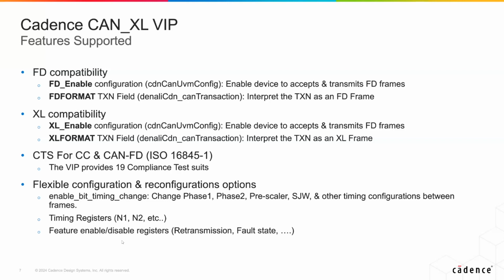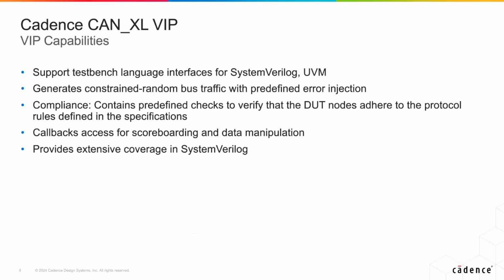Our VIP provides many flexible configurations and reconfigurations on the fly while doing any tests. For example, you could change the timing parameters of phase 1, phase 2 during runtime, and you can automatically, on the fly, enable or disable retransmissions, change the fault state of the agent from error active to error passive, and a lot of other configurations.